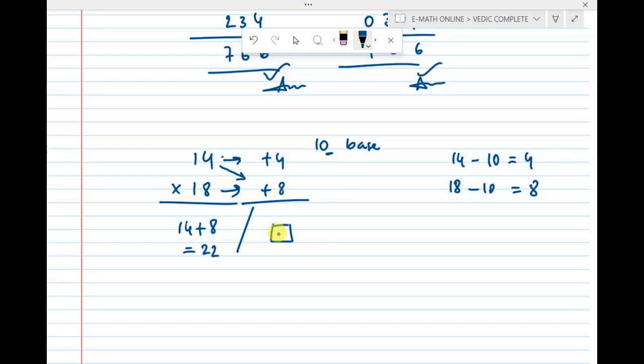And you should multiply these two deviations: 4 into 8, 32. Only 2 we can write in this box and 3 will be carried forward. So 22 plus 3 is how much? 25. So 252 will be the answer for this question.